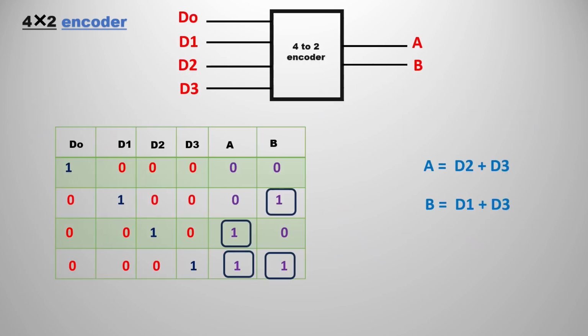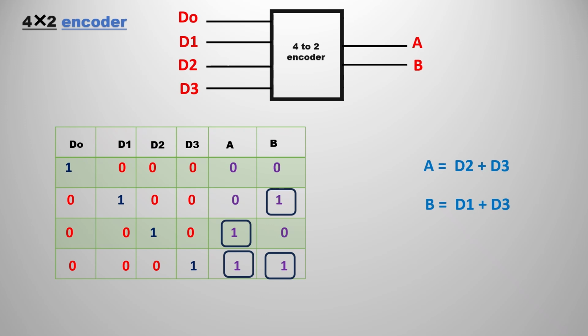We already know A and B are the outputs, not the inputs. For each output we need a circuit diagram, so for the 4 cross 2 encoder we draw the circuit for A and B. For A, we have minterms at the second and third positions, corresponding to D2 and D3.